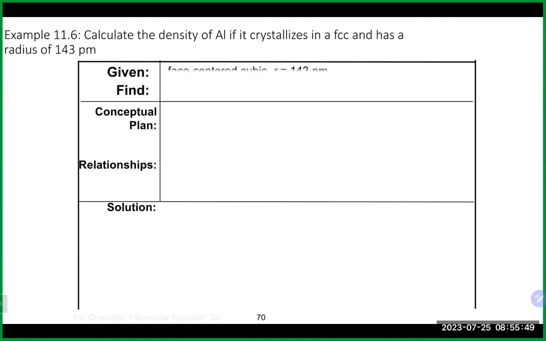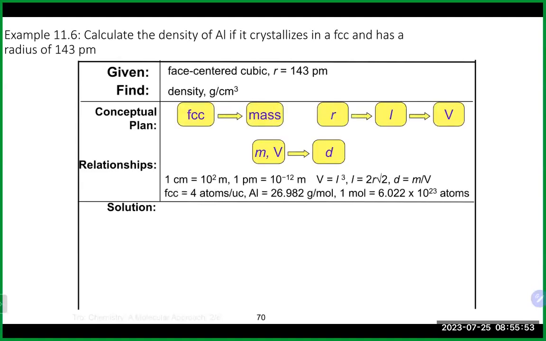All right, so let's take a look at one of these and see how we can use this information to help us calculate certain things. A very common thing that we sometimes would want to calculate, for example, is the density of a substance.